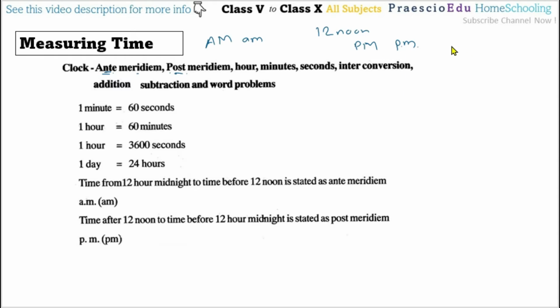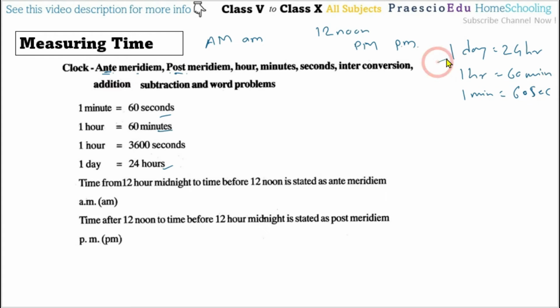As we know, one day is equal to 24 hours, 1 hour is equal to 60 minutes, and 1 minute is equal to 60 seconds. This is the main conversion. So always note down: one day is 24 hours, 1 hour is 60 minutes, and 1 minute is 60 seconds.